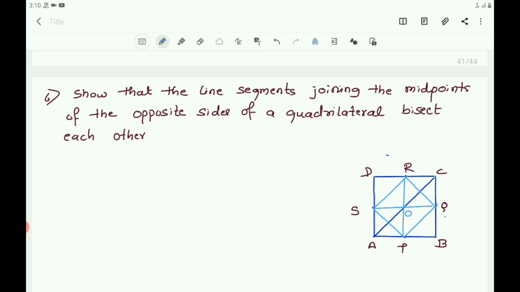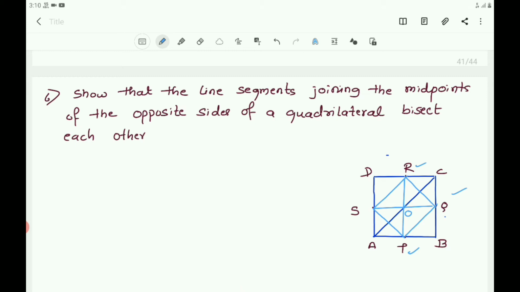Here S and Q are the midpoints joining the opposite sides AD and BC, and P and R are the line joining the midpoints of the opposite sides AB and DC.